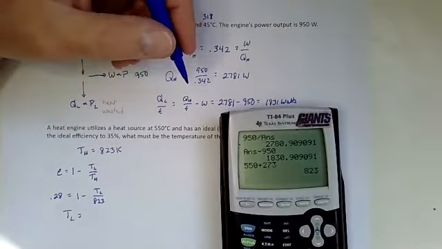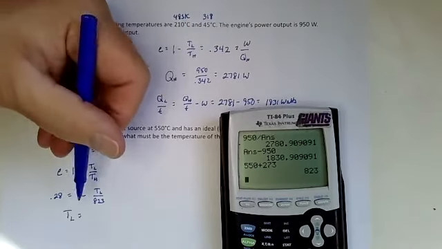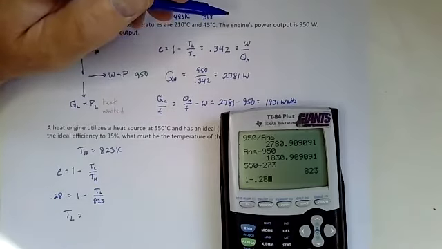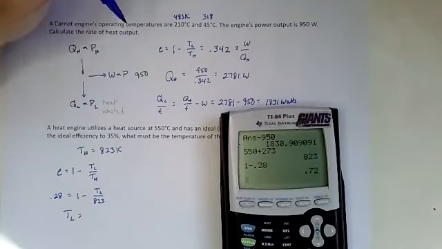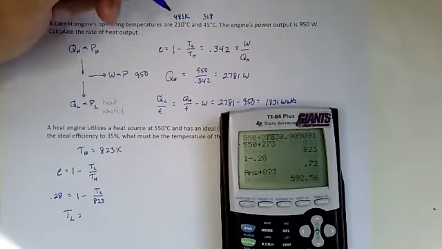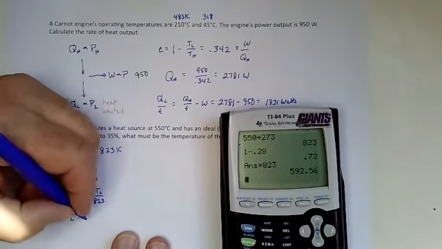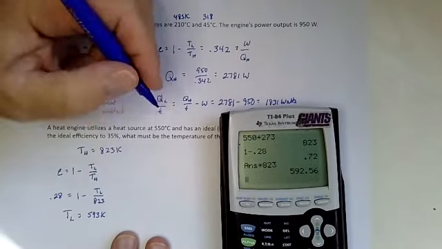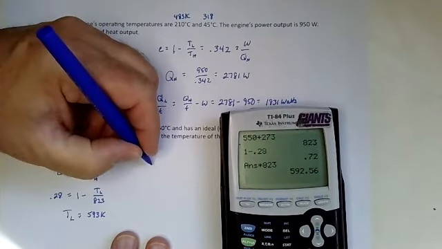Let's see what this looks like on our calculator. We're going to do 1 minus 0.28 to give us percent wasted. Then we're going to multiply by 823, and that gives us TL. So 593 K. And now what we want is 35%.